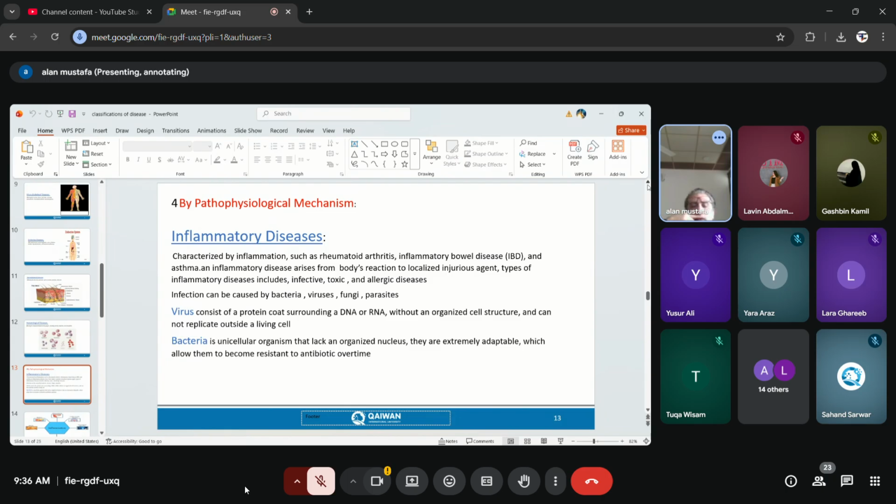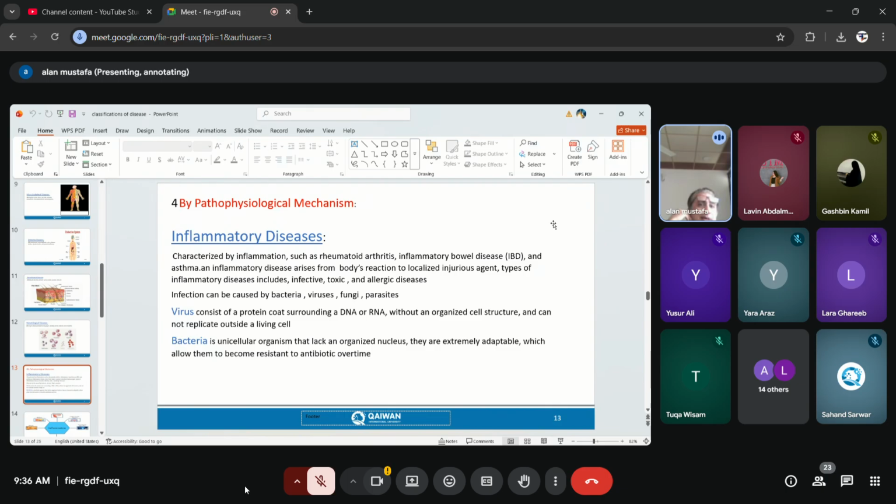If you remember, we just mentioned in this lecture the difference between infection and inflammation. So some diseases are inflammatory, like rheumatoid arthritis, like inflammatory bowel disease.